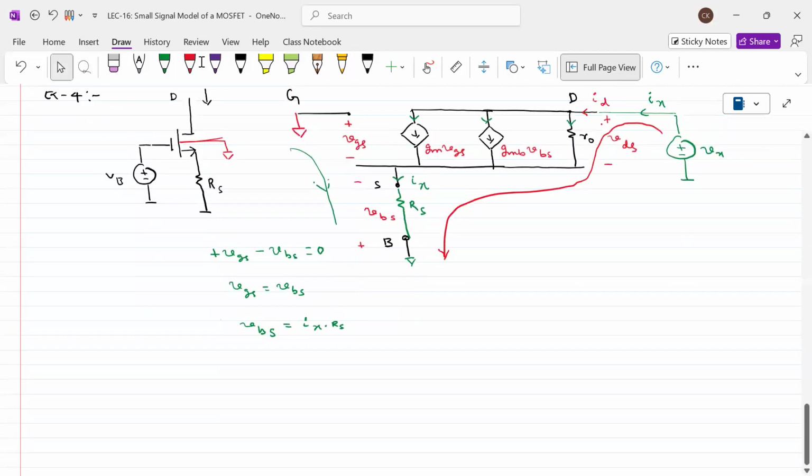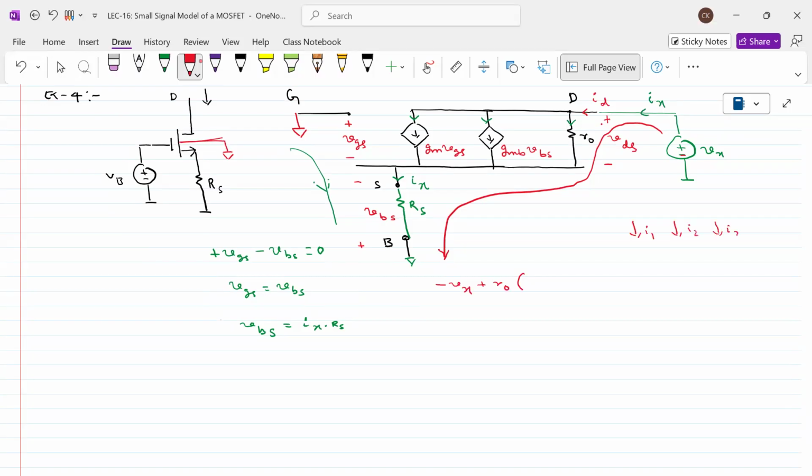What is this path? Minus Vx, it will start from the negative terminal, and then R naught is multiplied with what? R naught is multiplied with what? What's happening here? You have to be very careful. So the one current is flowing here, for example, I1, this is I2, this is I3.